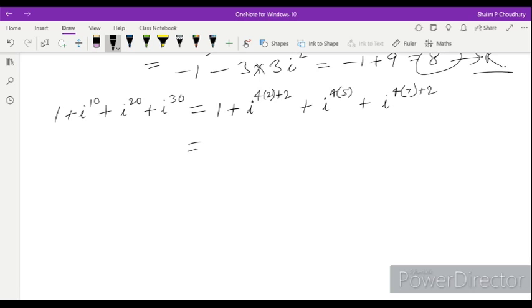So 1 plus i to the power 2, and this will be equal to 1 plus i squared.